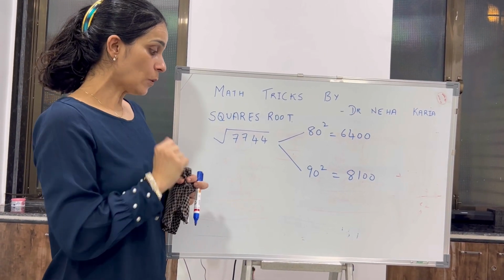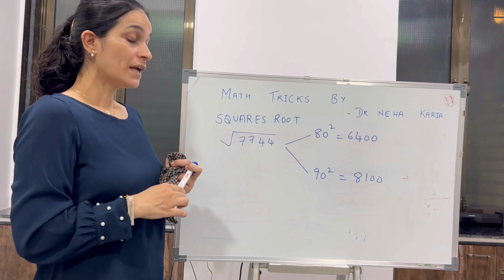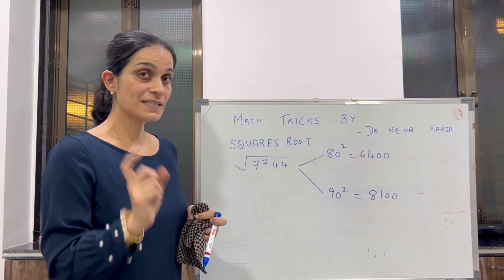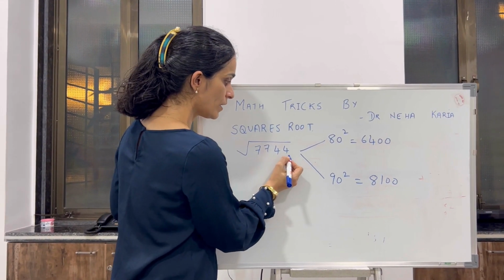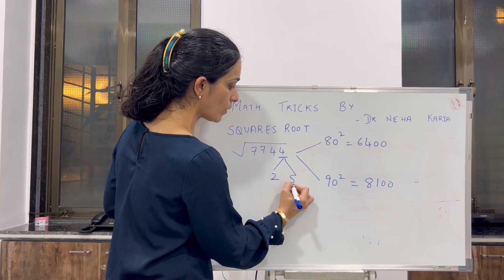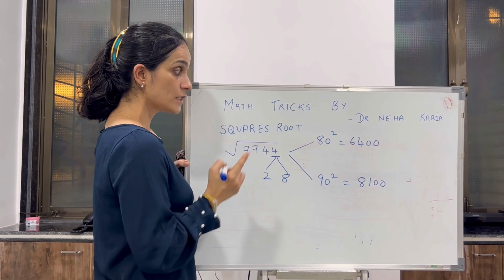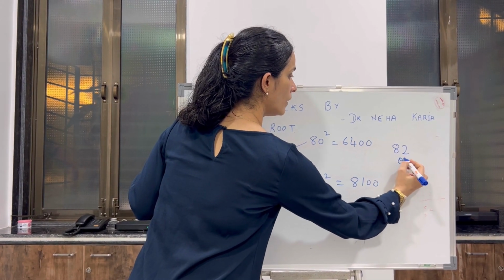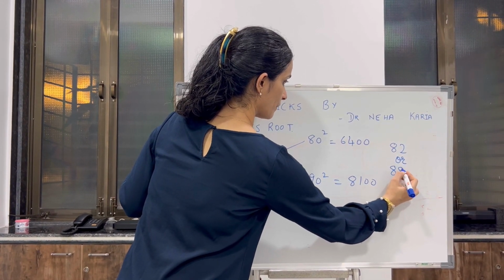So, which could be the number? Now 2 square is 4 and 8 square is 64. So your number in the units place can be 2 or 8. So the answer can be 82 or 88.